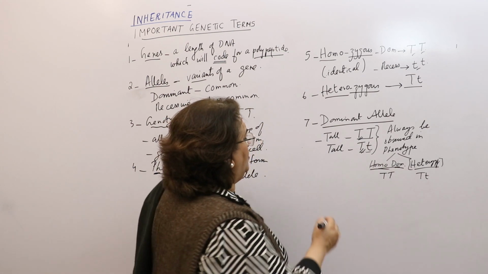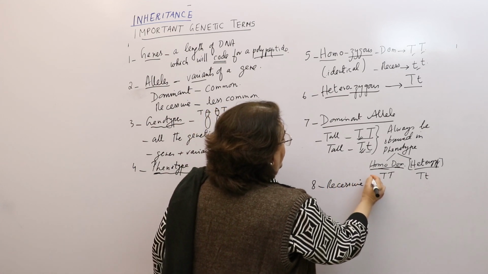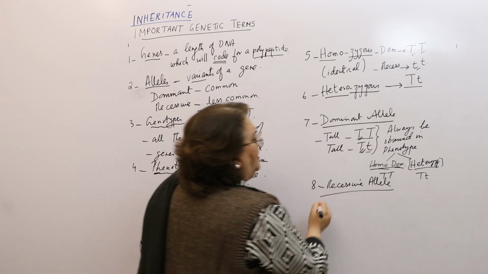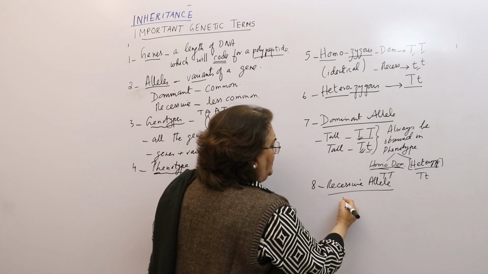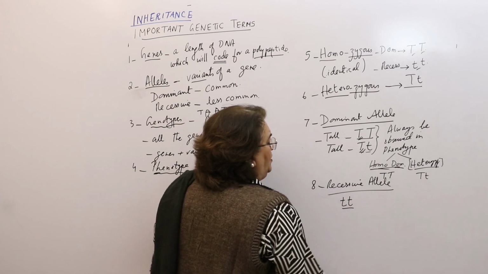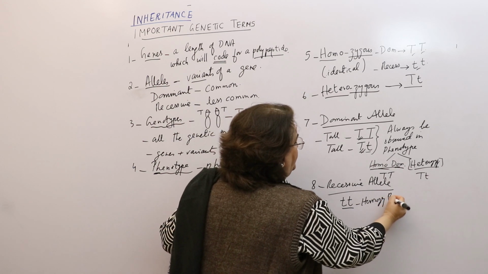Against this, what is a recessive allele? A recessive allele is one that will only be observed when it is a small t and a small t. This is termed the homozygous recessive state.